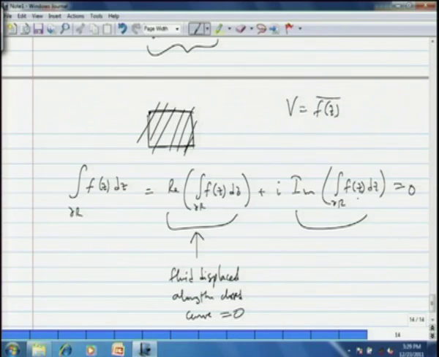Okay. And the imaginary part being 0 tells us, once again, that there is no fluid trapped inside the rectangular region.